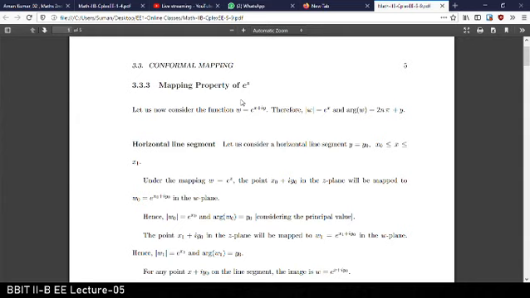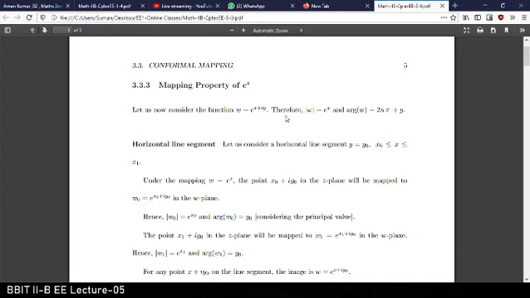Suppose another mapping is W equal to e to the power z. I can write W equal to e to the power x plus iy, where in place of z I have written x plus iy in terms of two components. That means what will be the modulus of W? This number can be written as e to the power x within brackets cos y plus i sin y.